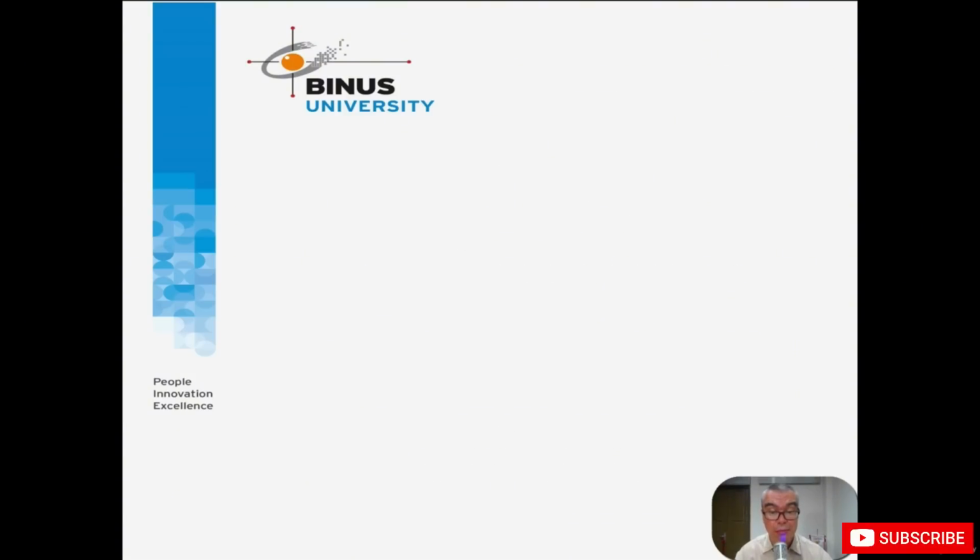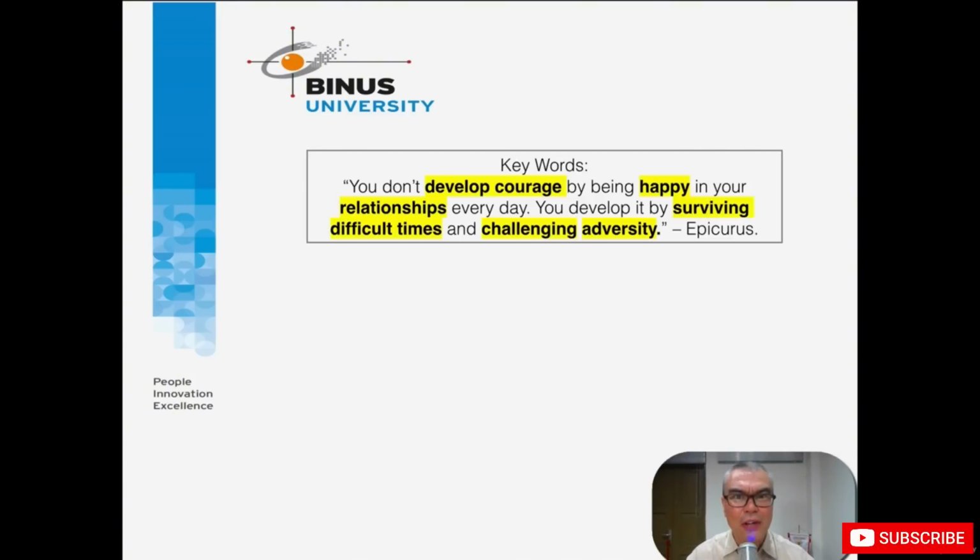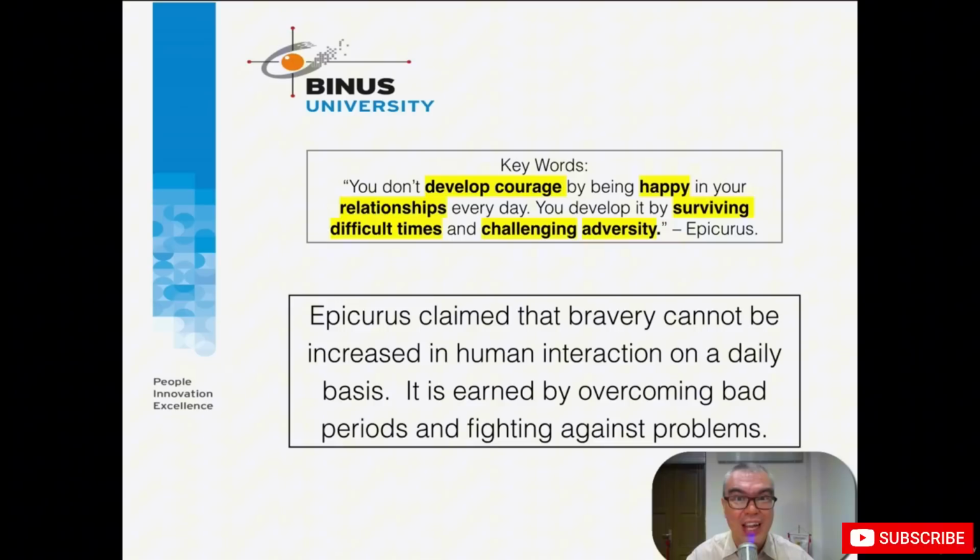So let's see how we might paraphrase this particular quotation. Here is the original again, and this is a possible paraphrase that you might have. Epicurus claimed that bravery cannot be increased in human interaction on a daily basis. It is earned by overcoming bad periods and fighting against problems.